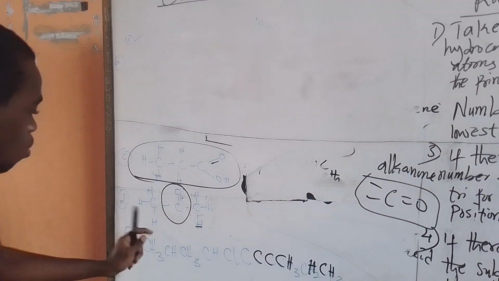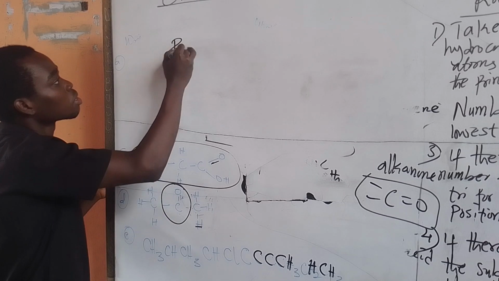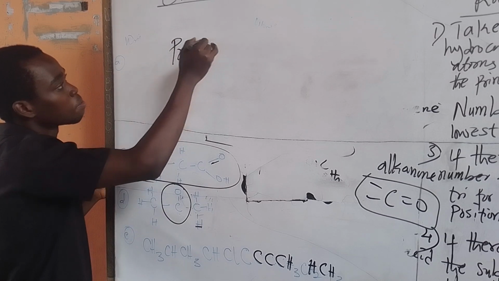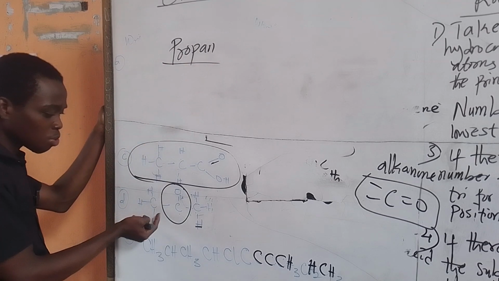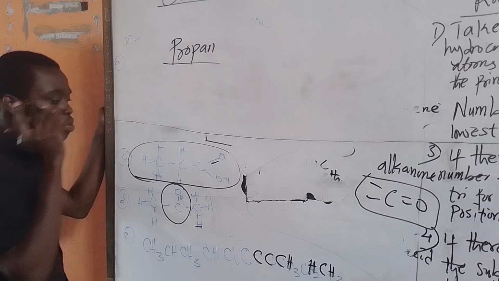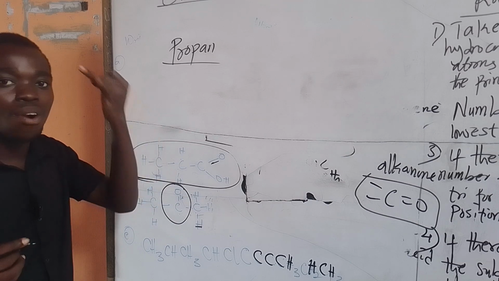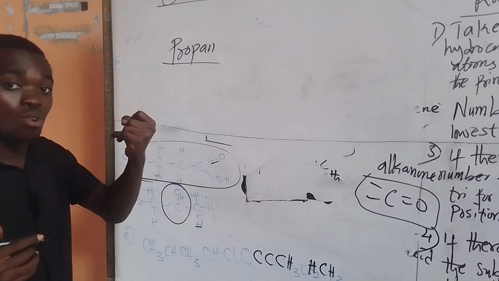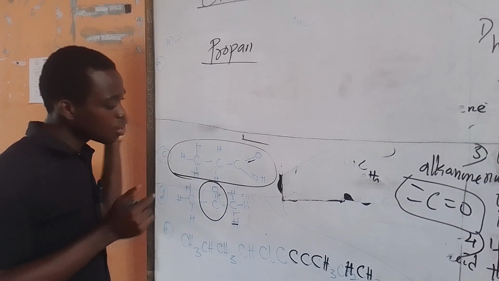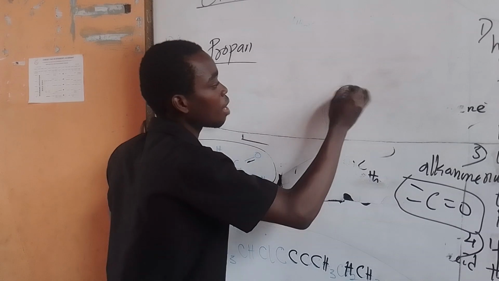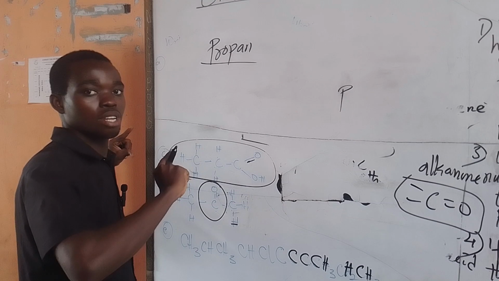So let's see, what is this compound going to be? I have 1, 2, 3, so prop. Now, I will always call it propan because it has single bonds. When you want to name compounds like alkanone, alkanoic acid, alkanoate, and even alkanal, you start by naming the compound as if it's an alkane, then remove the last E and add the functional group.